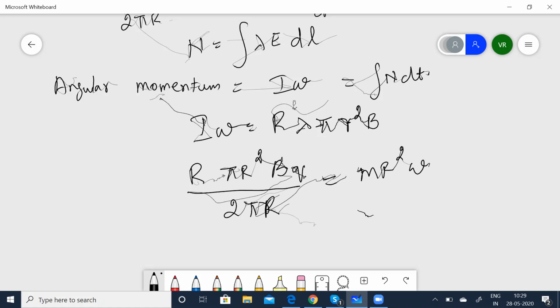Cancelling all the values, finally you get omega to be equal to qB by 2 pi m. So qB by 2 pi m, let's see.